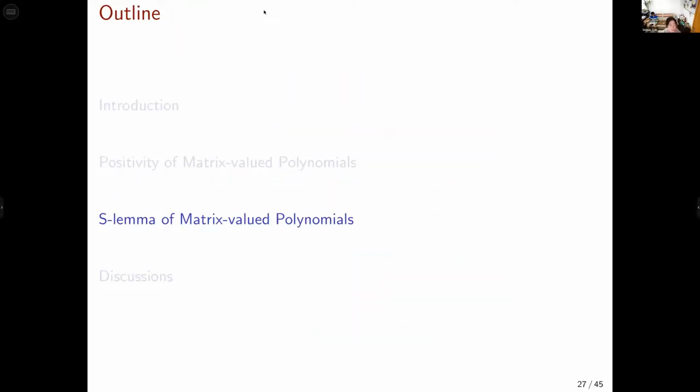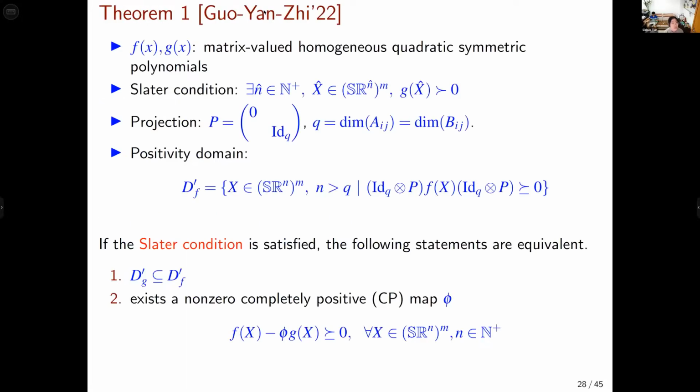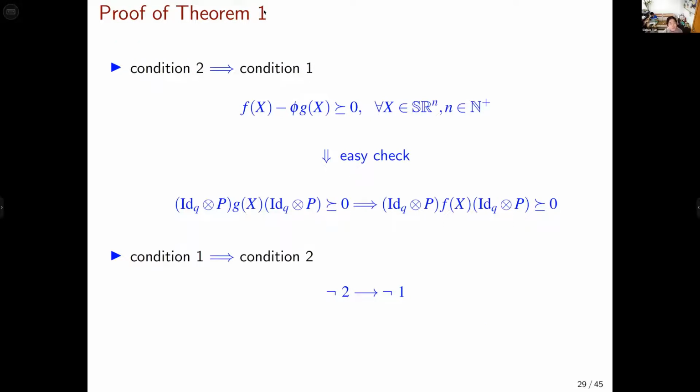So we can begin to prove the S-Lemma of matrix-valued polynomials. This is a review of Theorem 1. Since the proof is a little long, we only introduce the key steps. First, condition 2 implies condition 1.